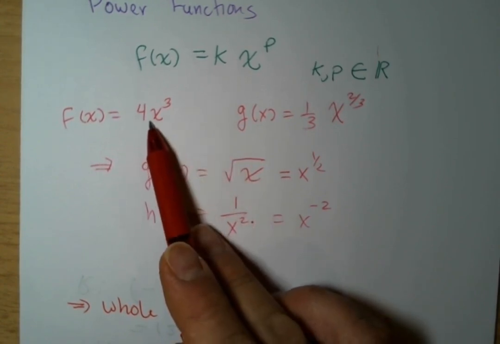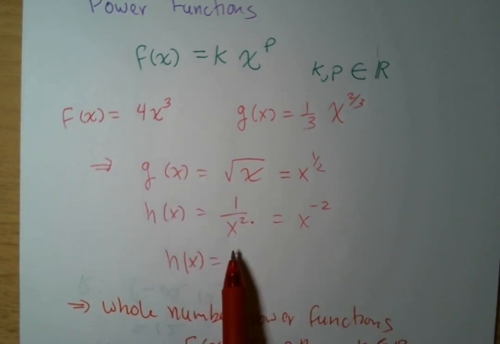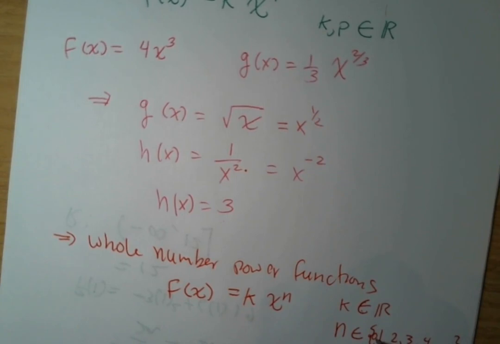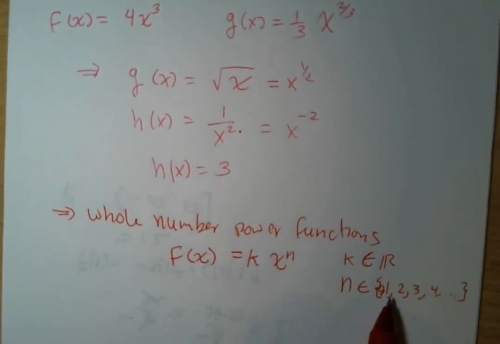So we're only interested in something that looks like this. Even this, the whole number, I guess we could put in 0 there. So 0, 1, 2, 3, 4.